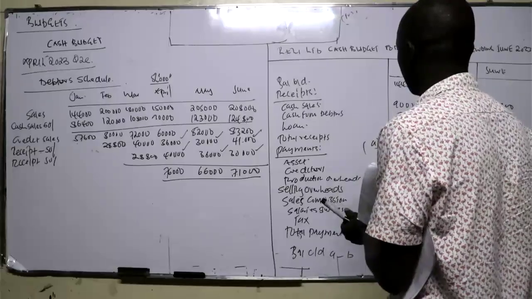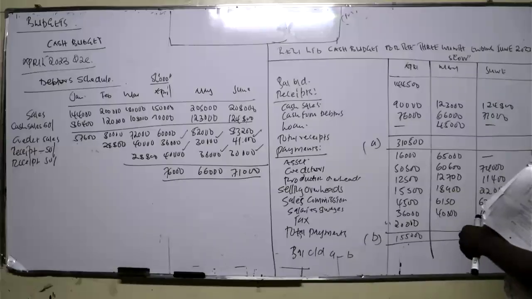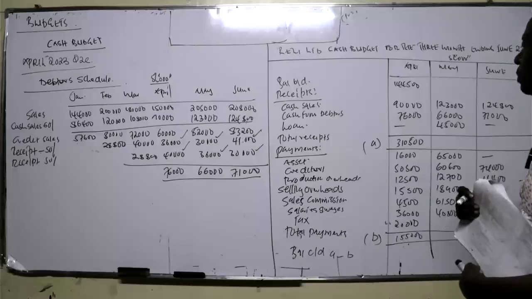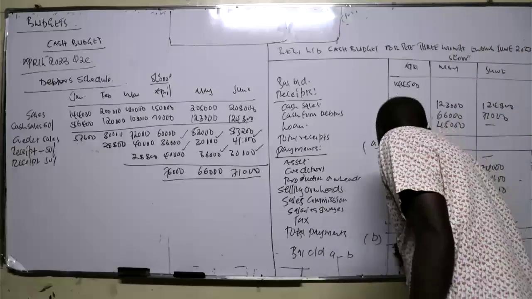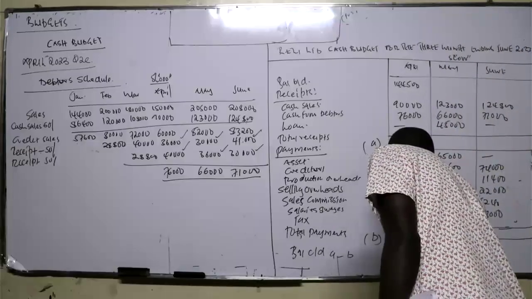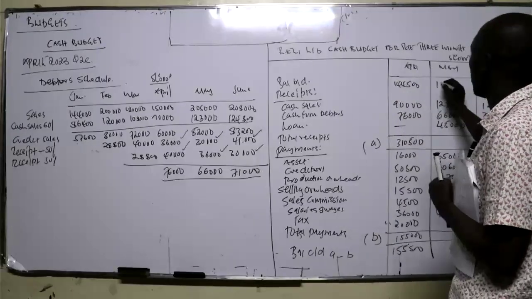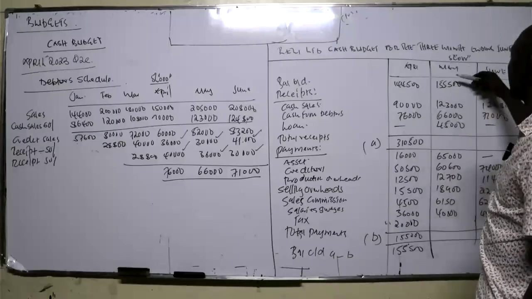So the closing balance will be how much? 155,500, you know. So this is going to be the opening balance here, 155,500. The closing balance in any given month is the opening balance in the next.